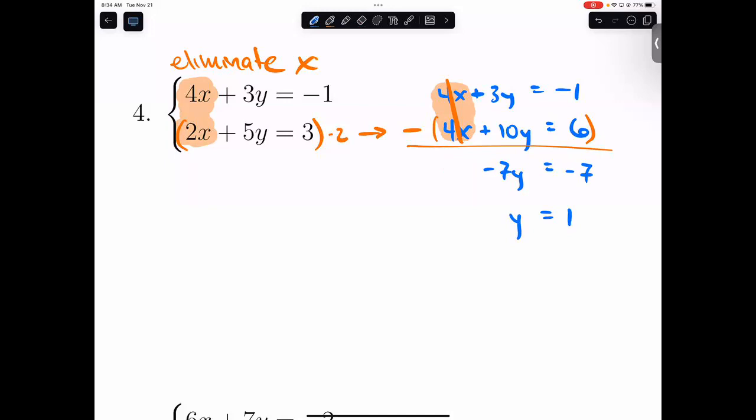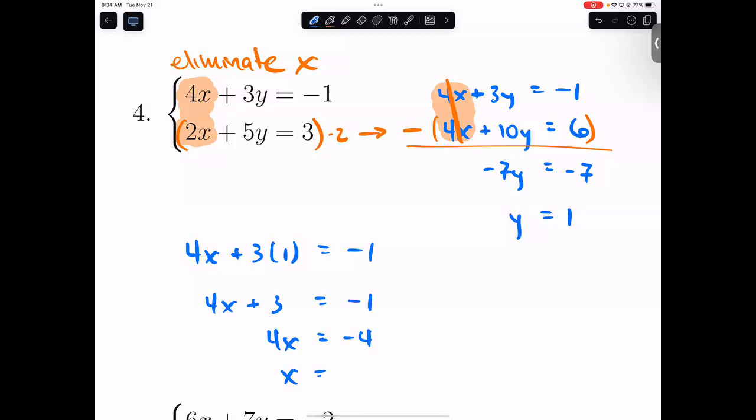Plug back in somewhere, right? Doesn't really matter. Nowhere's really going to be any easier than anywhere else. Plug in somewhere. So our solution to the system is the point negative 1, 1.